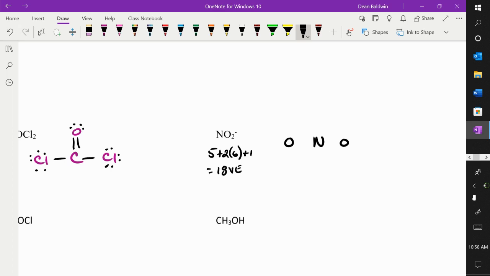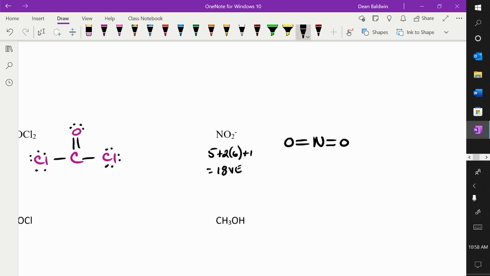But we've got 2 different oxygen atoms, right? So if we put a double bond there, okay, say we did that. Maybe you don't write it unless you're doing it in pencil. Okay. What if you did this?